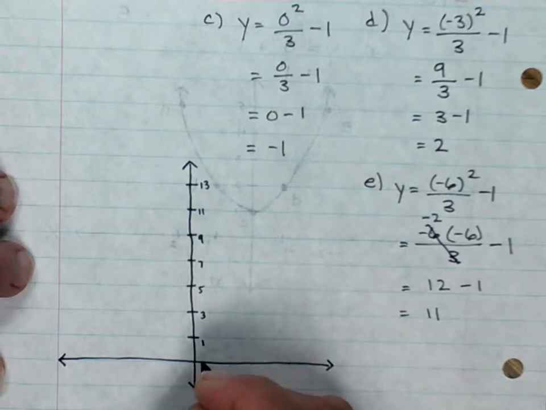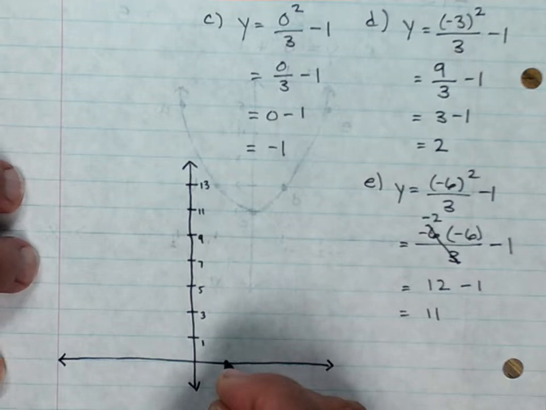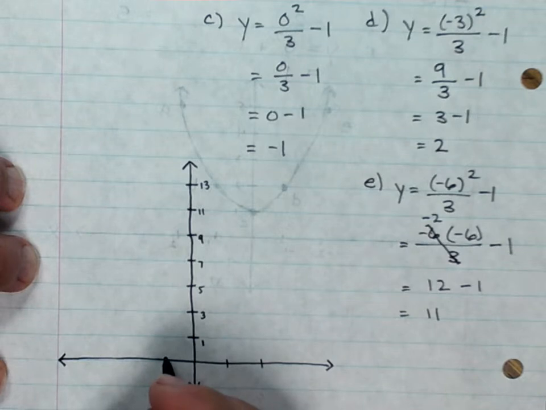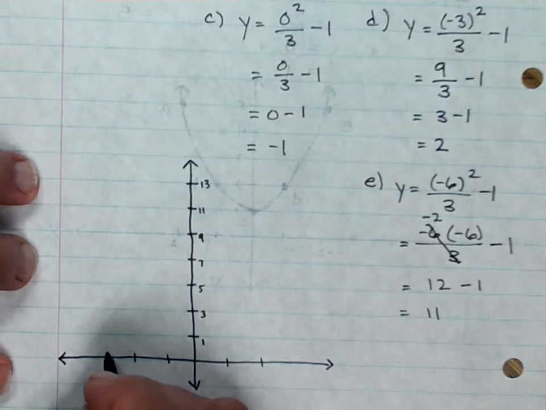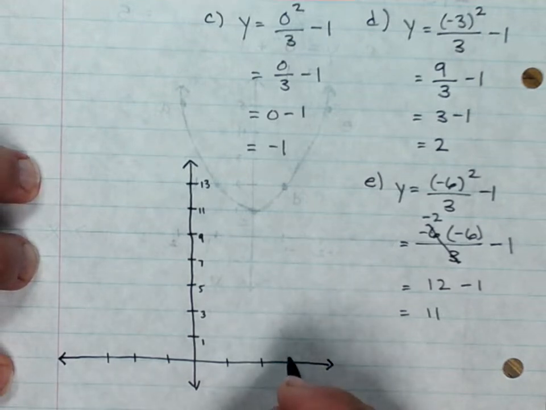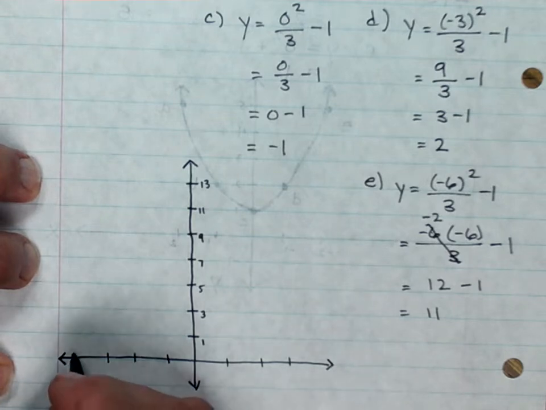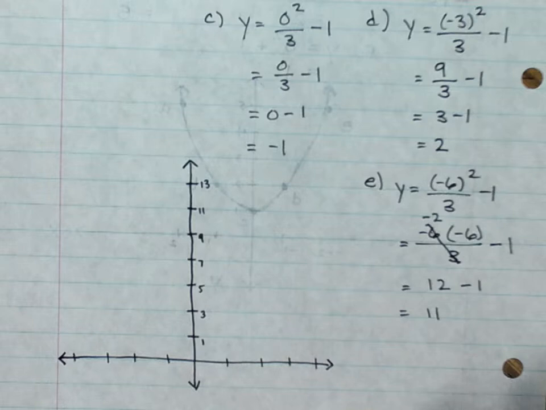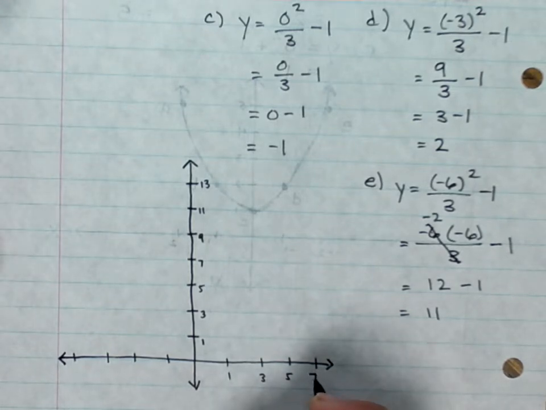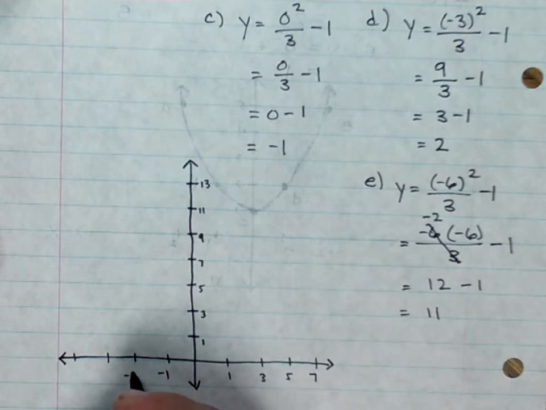My x-axis is going to be 1 and 3, negative 1, negative 3, 5, and this will be our negative 7 or positive 7. Okay, so we're good. So again, this is 1, 3, 5, 7, negative 1, negative 3, negative 5, negative 7.